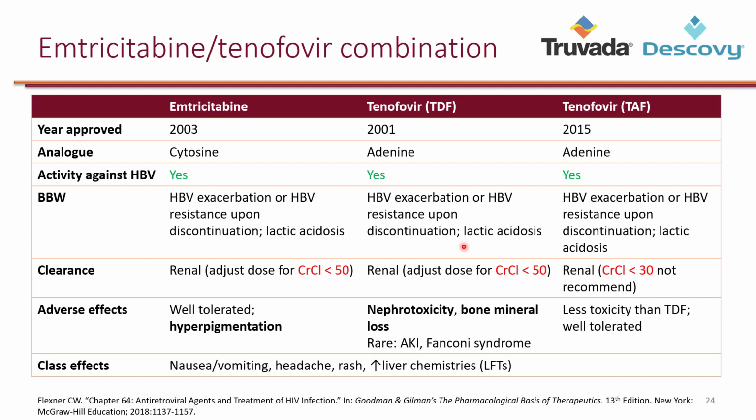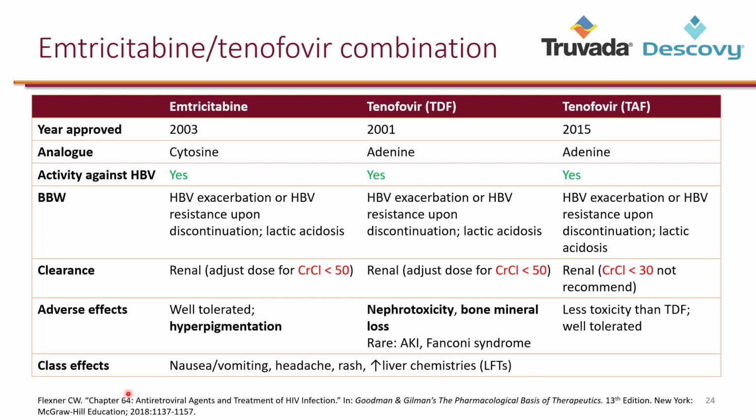Both are renally cleared, so creatinine clearance cutoff of 50 for these two. TAF, or tenofovir alafenamide, is a newer formulation of tenofovir with a lower cutoff, so you can still use it in some patients with CKD.